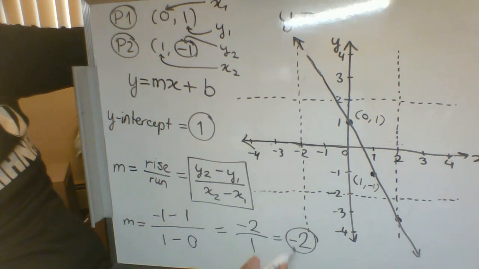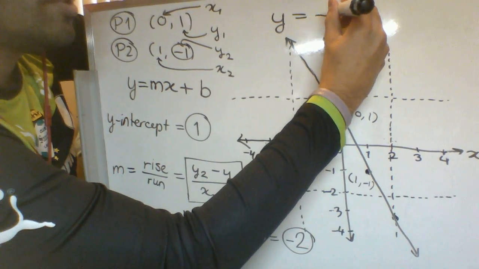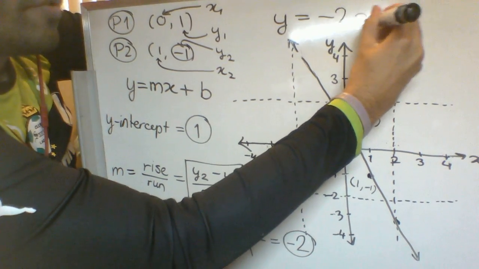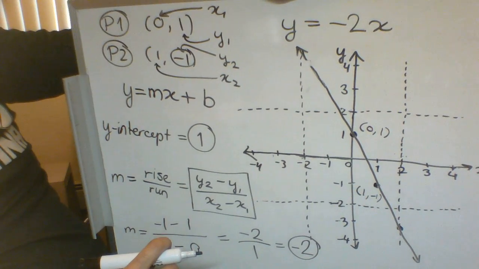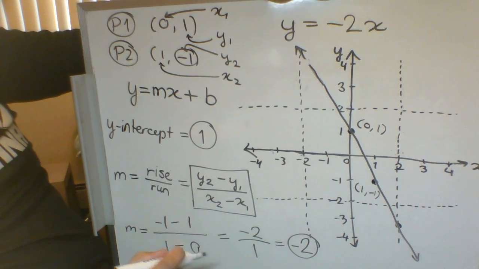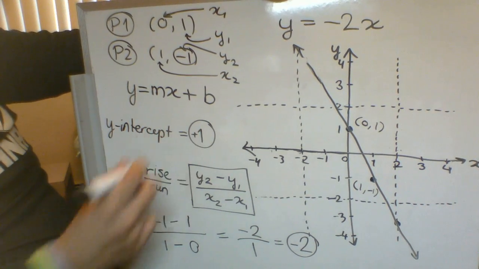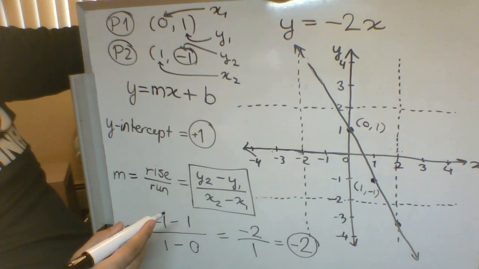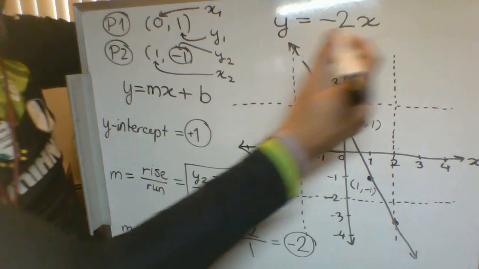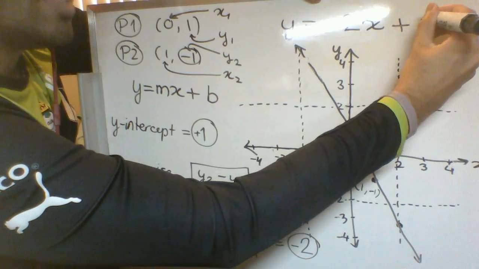So instead of mx plus b, I'm going to put in a negative 2 in place of the m. Then we still keep the x like we always do. And then plus b. Our y-intercept is a positive number this time because we moved up, and it happens to be positive 1. So we get that y is equal to negative 2x plus 1.